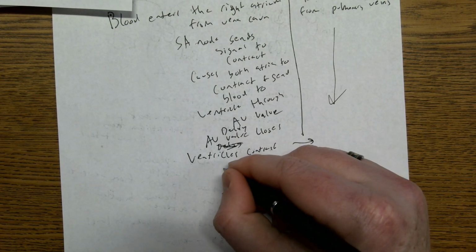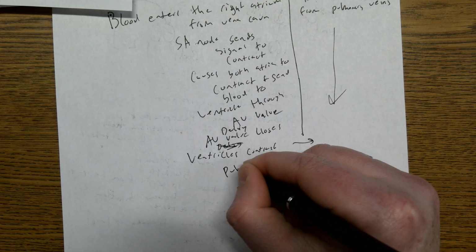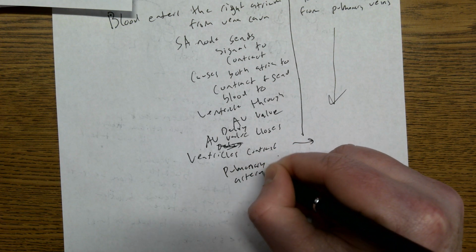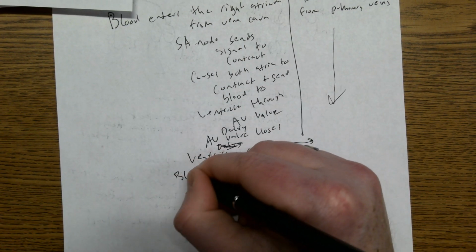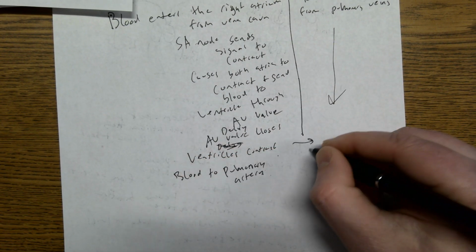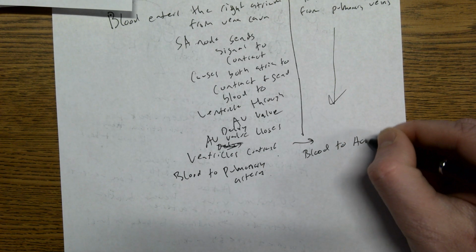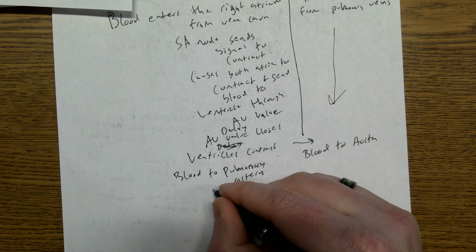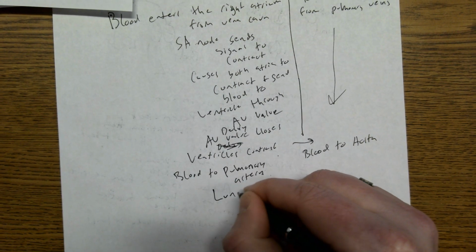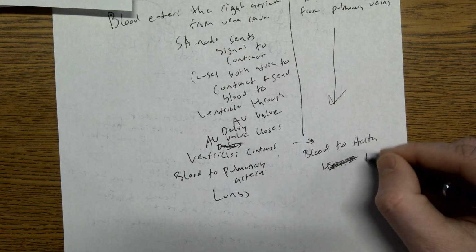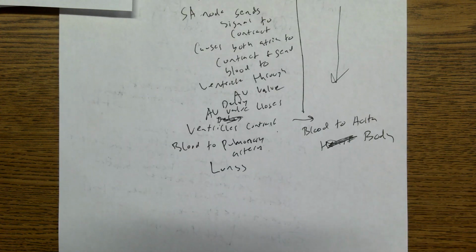The right side sends blood to the pulmonary artery, and the left side sends blood to the aorta. So this one will go to the lungs, and this one will go to the body.